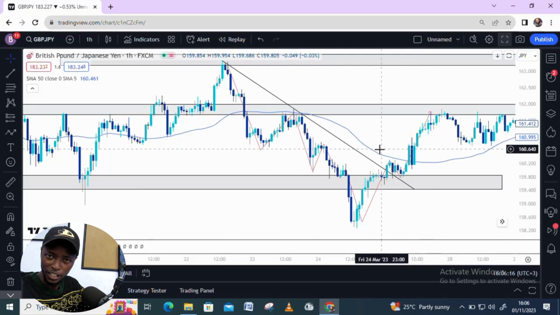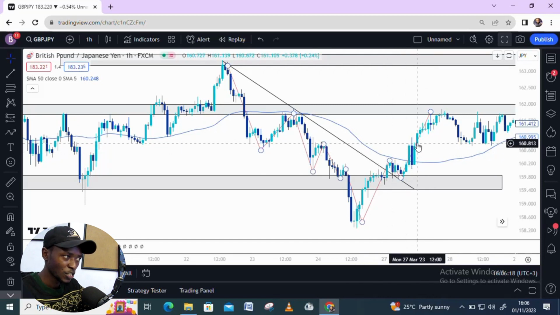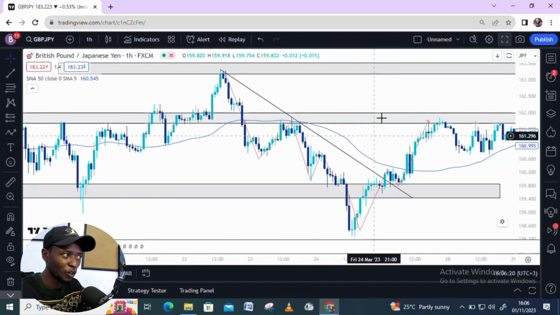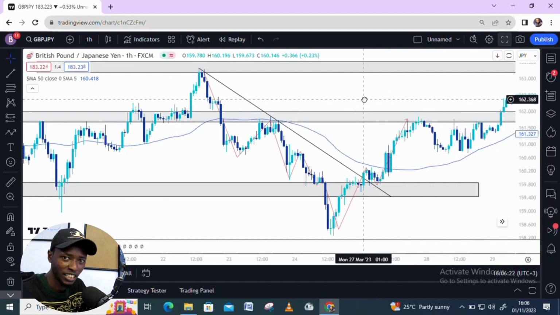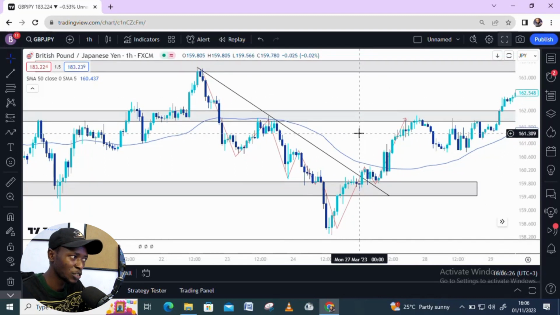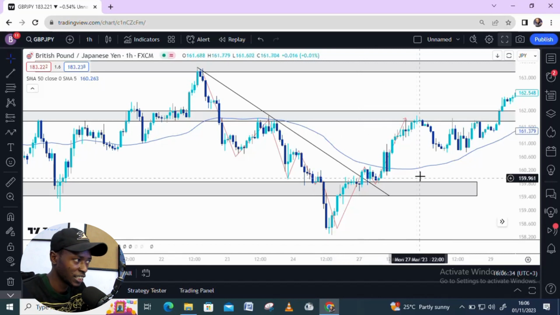So hope you understand this concept. So this is now breakout trading. We have utilized the two main support and resistance that we learned in our previous lesson. You should check it out if you have not watched it yet.